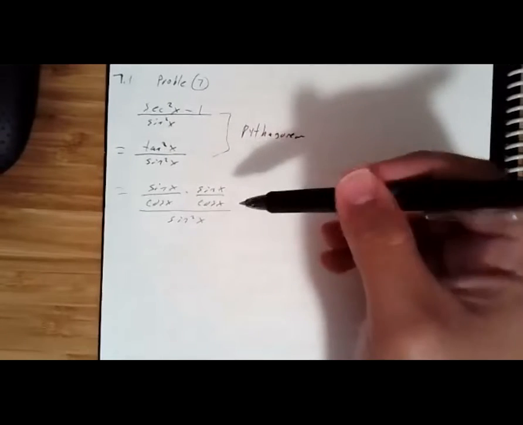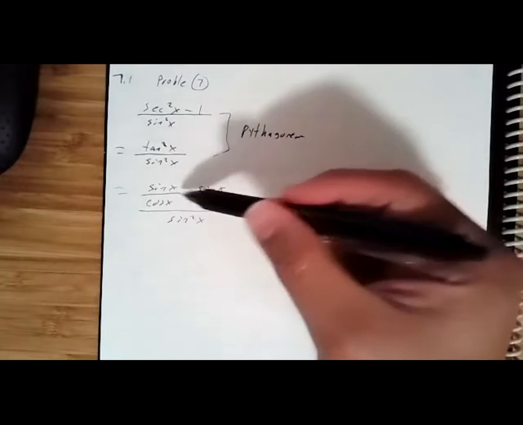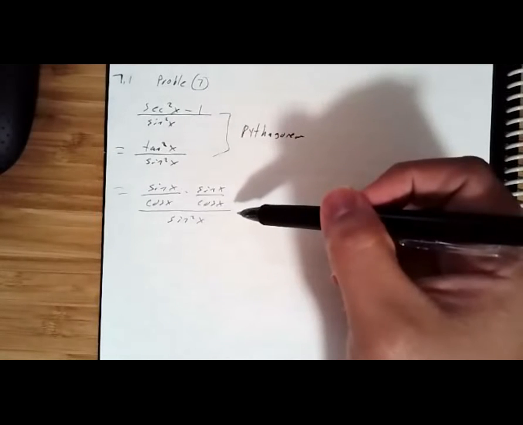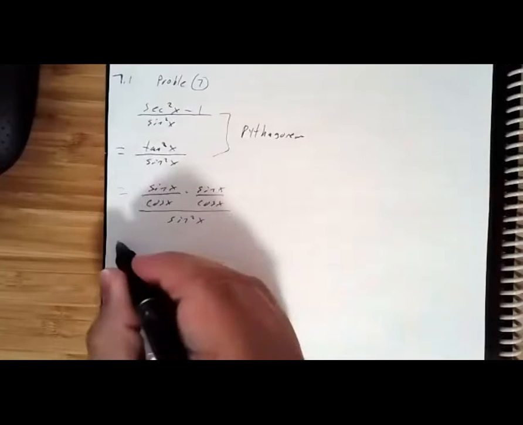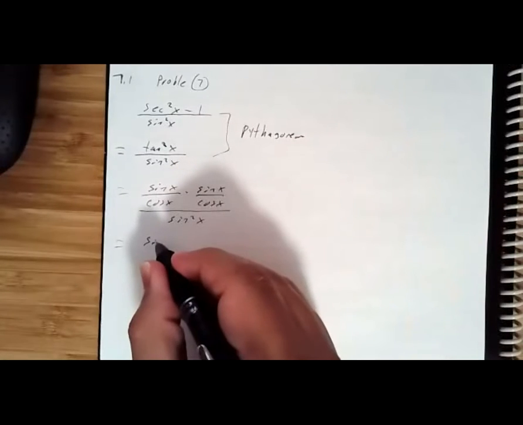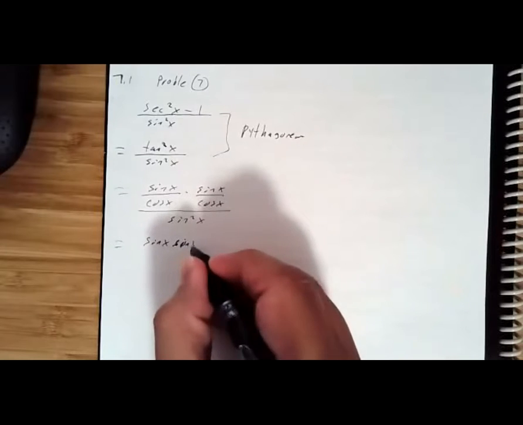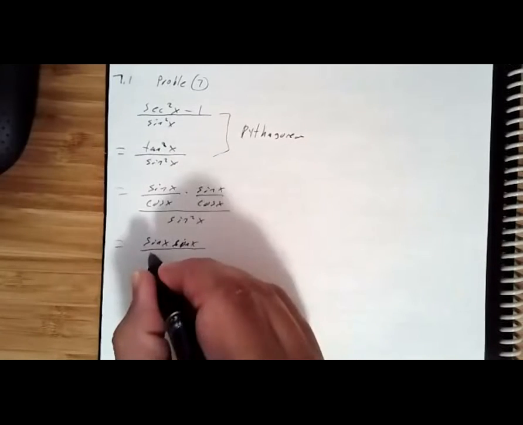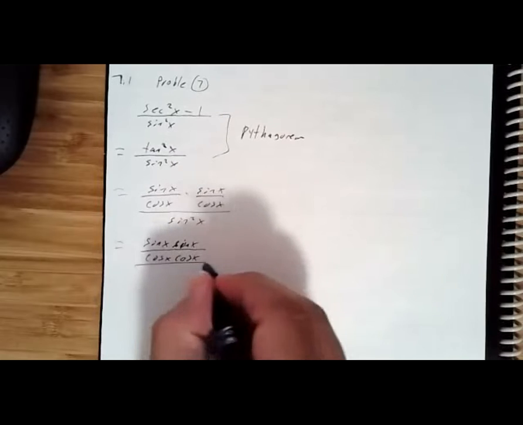Well, the thing is, it's the same issue. This sine is divided into both of these, right? Or technically this is one term, really. This is the same as saying sine x, sine x, sine x over cosine, cosine, right?